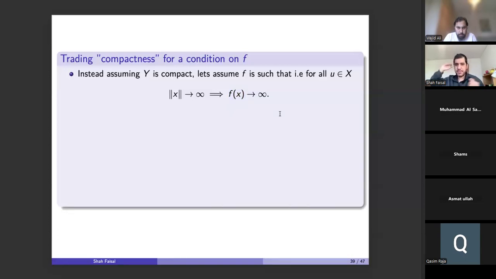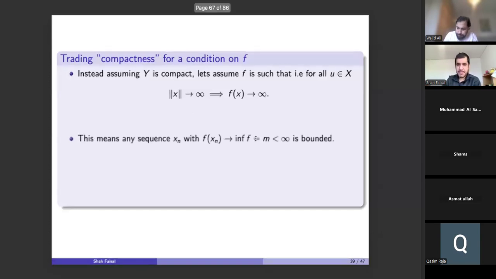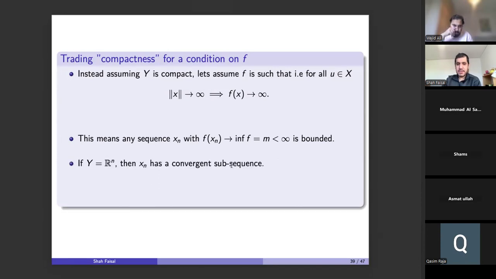Simple, very simple. Okay. And therefore, any sequence that minimizes the function will be bounded because if it is not bounded, the function increases. And so if you have a nice condition on the domain, for example, if every bounded sequence has a convergent subsequence, then you are done.